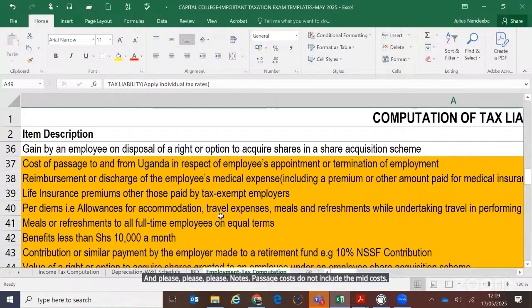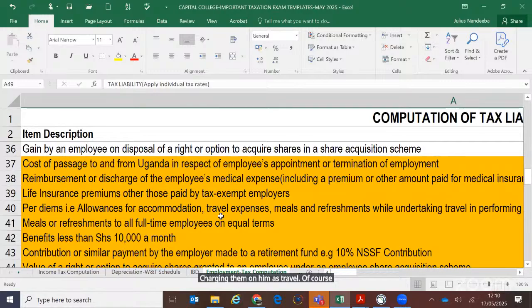You have brought the employee, yet you have met his relocation costs. But this employee is likely to be going back to his home for holidays, and you're likely to be the one meeting the costs. Now, if you meet those costs as he is going back home, it is not part of the passage costs. So those other costs you're going to charge them on him as travel costs.